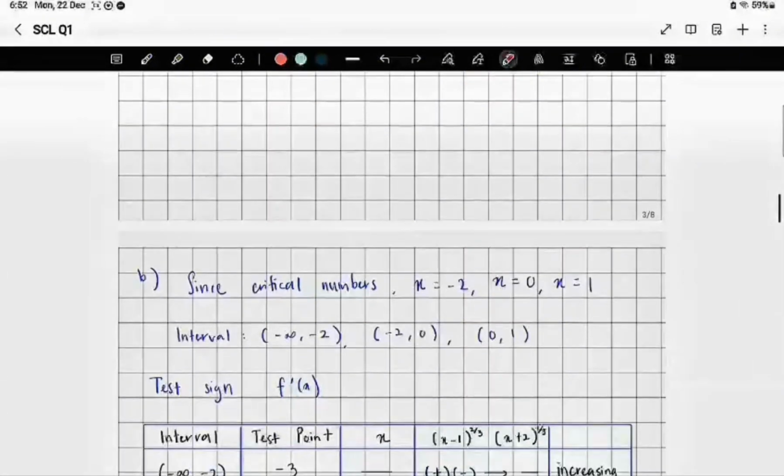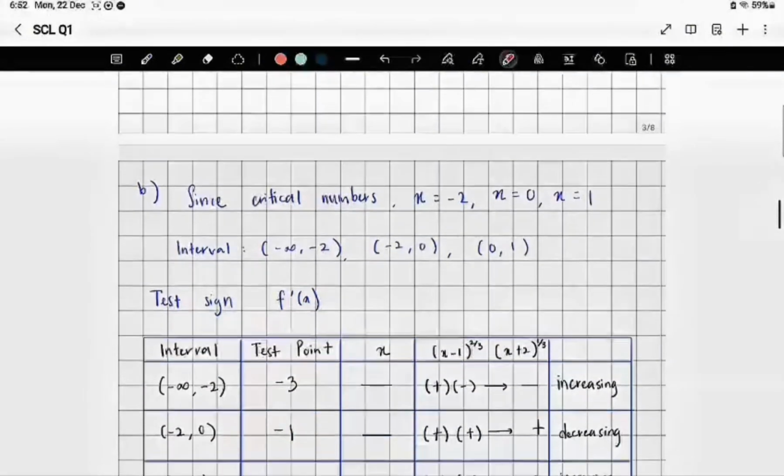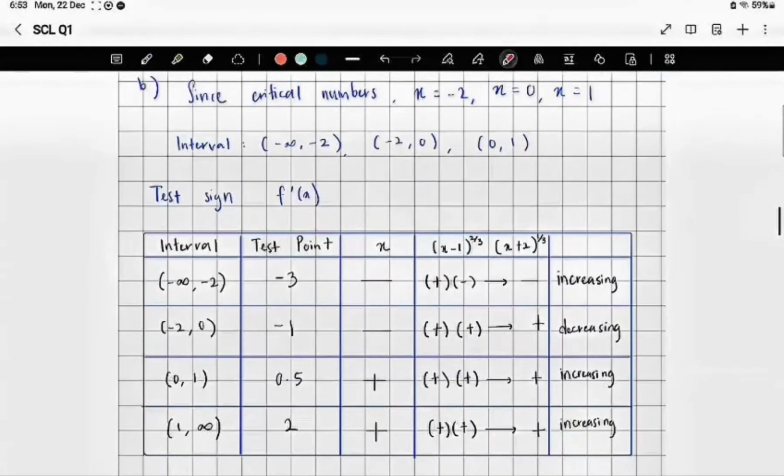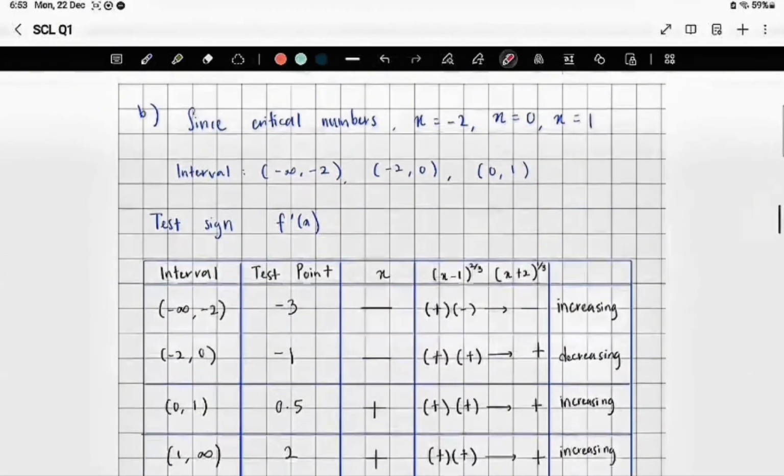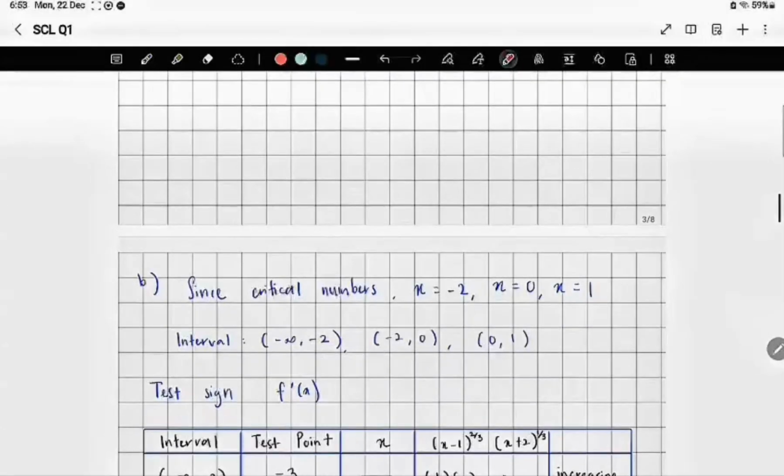Moving to part B, we determine the relative extremum using the first derivative test. So we divided the domain into intervals based on the critical numbers that we got earlier.